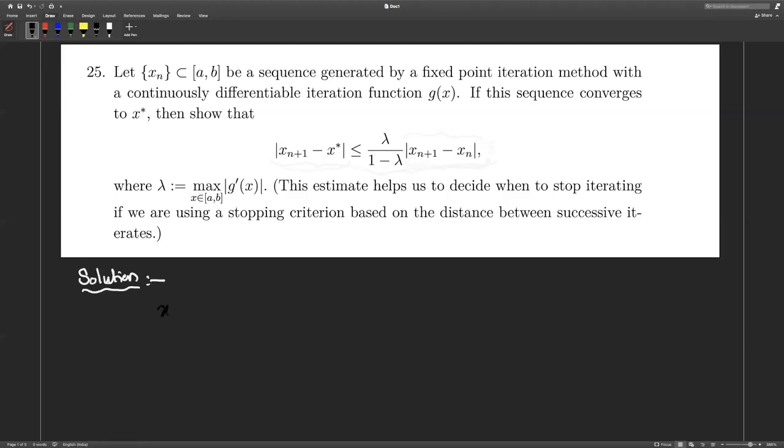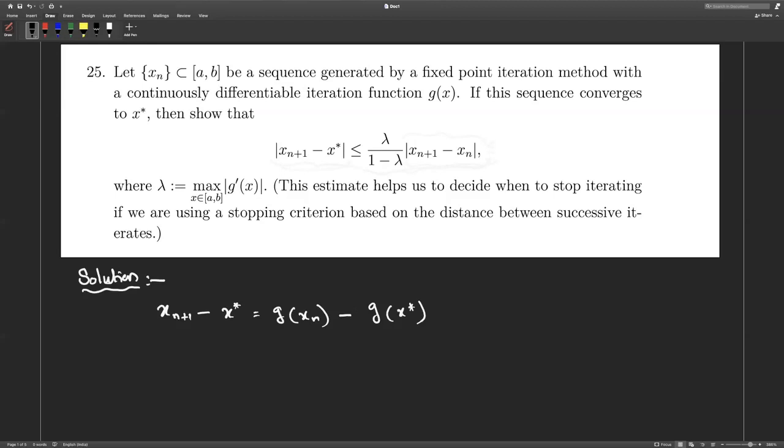We can write xn plus 1 minus x star as g of xn. Why? Because that is the way the fixed point iteration sequences are defined, minus g of x star. Why is it so? Because if your fixed point iteration sequence is converging, then the limit is a fixed point of your iteration function, right? Therefore, x star has to be equal to g of x star.